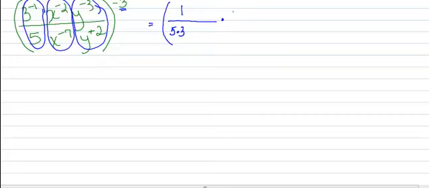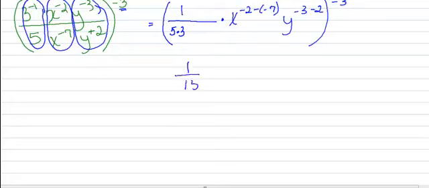And then we've got x, negative 2 minus negative 7. We've got y, negative 3 minus 2. I'm keeping the negative 3 here. So now we've got 1 over 15. Don't forget that that's adding. So we've got x, and that's going to be a negative 2 plus 7 is positive 5.